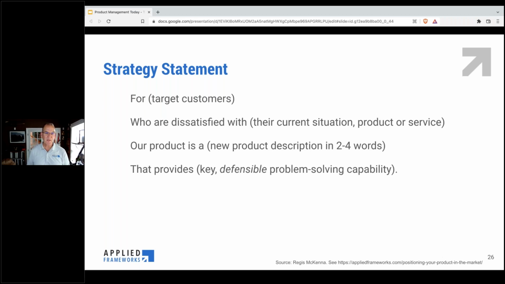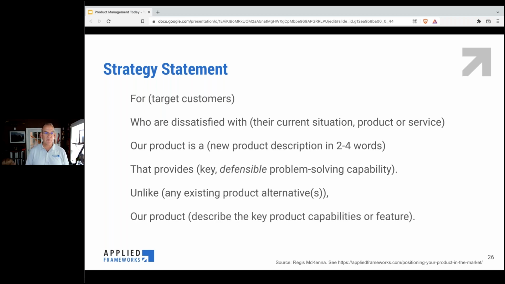Then we follow that up with unlike any existing product alternatives. So unlike our competitors or unlike the customer's current state, our product provides 2 or 3 key product capabilities or features that will allow you to differentiate.